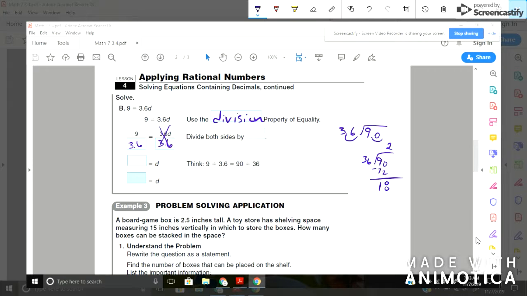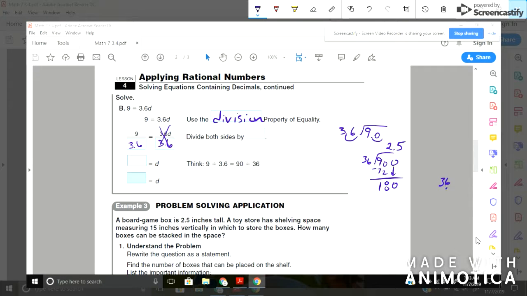Since there's nothing else to bring down, I need to put a decimal and an imaginary 0 and bring that down. And then 36 goes into 180 how many times? Well, if you round this to 40, 40 times 5 would be 200, and that'd be close. Let's try 5.